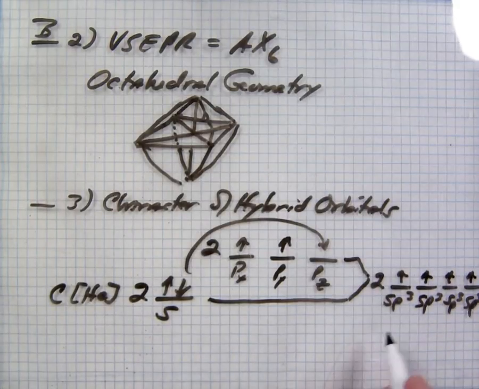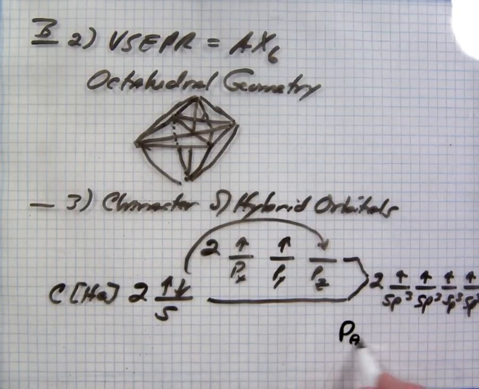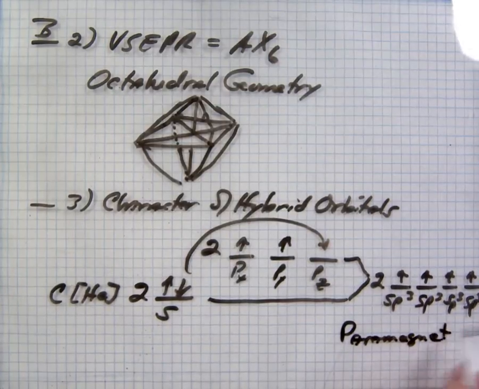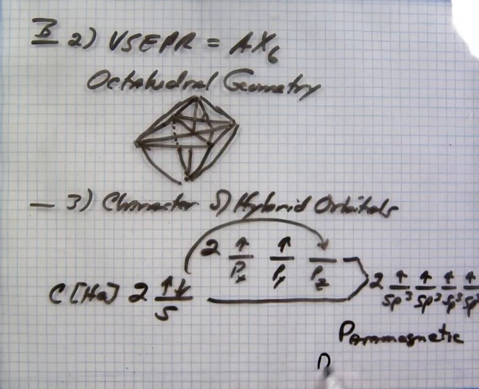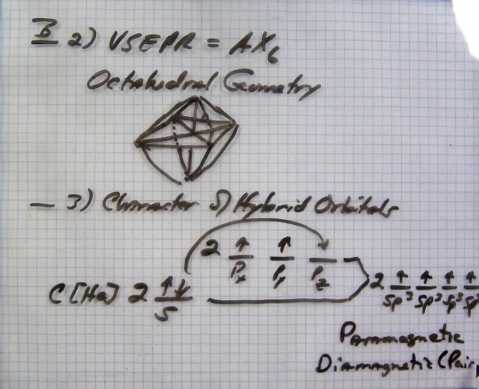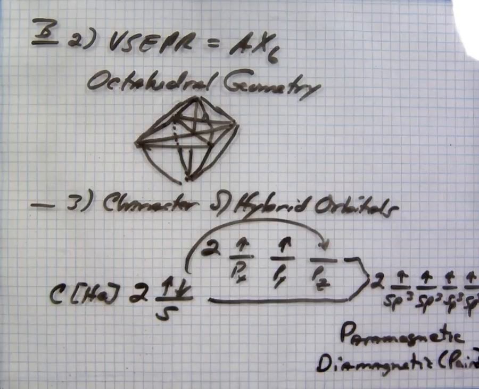sp3, it takes one s, three p's, sp3. An electron is assumed to be promoted out in sp3, sp3, and each one of them is paramagnetic. If you don't remember that, I'll write the word. Paramagnetic is a single electron, non-bonded, and diamagnetic is paired electrons.